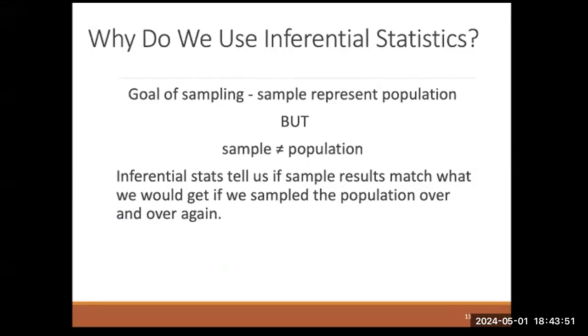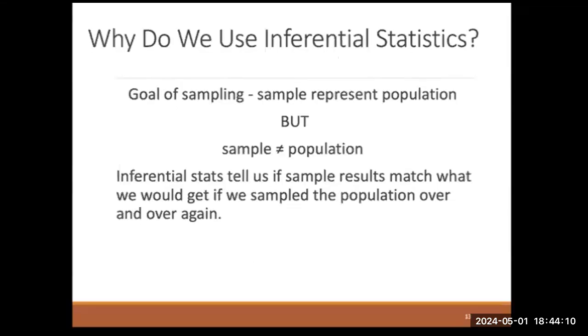So inferential statistics helps us determine if the results we get from the sample will match what we would get if we sampled the population over and over again. That's what the p-value helps us determine.